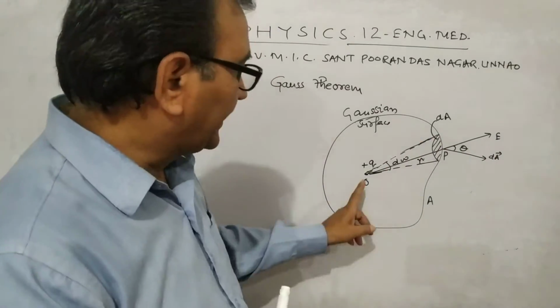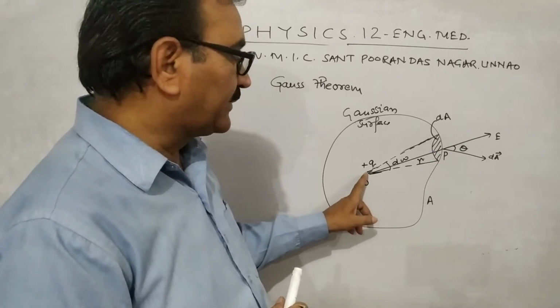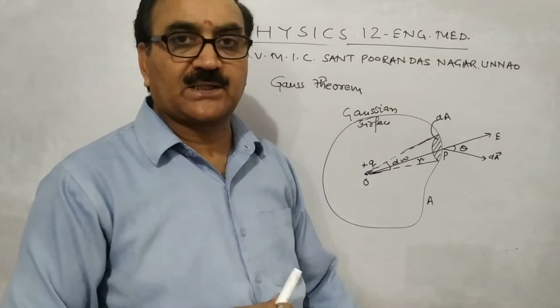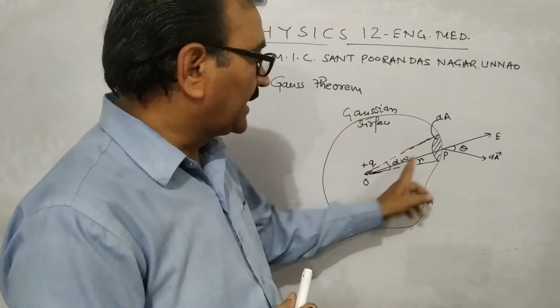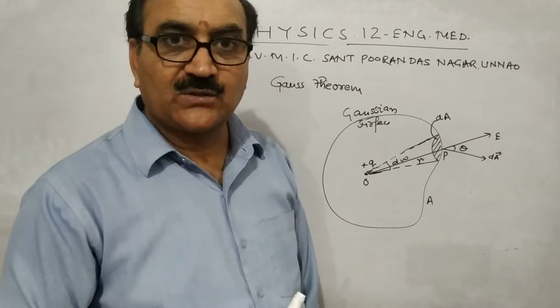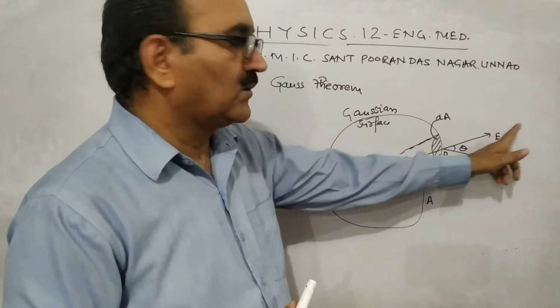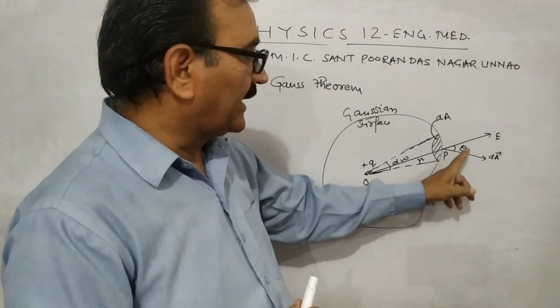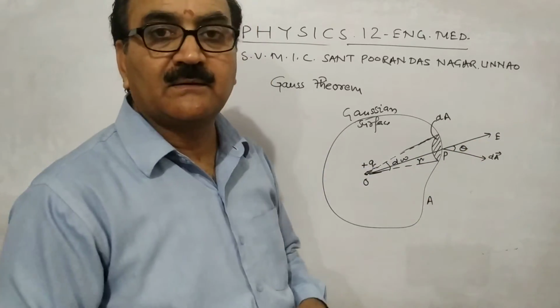You know, intensity of electric field due to this plus q charge will be in the outward direction. So this will be in the direction of OP. Intensity of electric field will be in the direction of OP. So there will be an angle between vector E and vector dA.